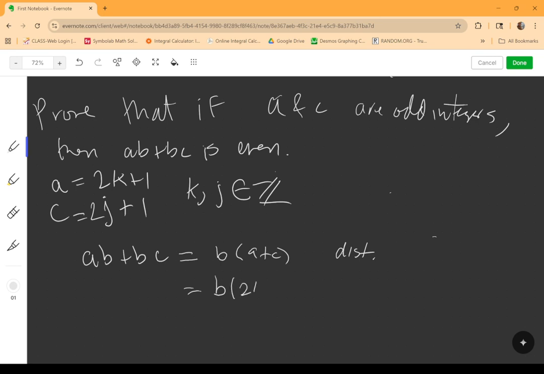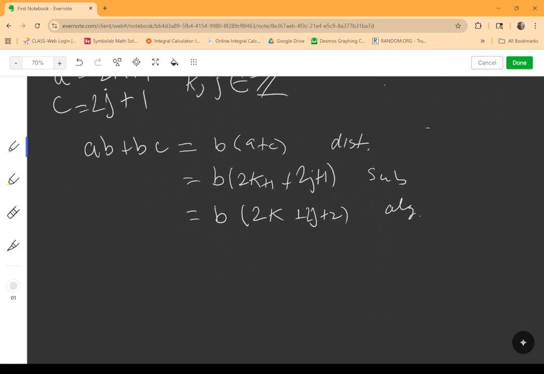A I define as 2k plus 1, C I define as 2j plus 1. Substituting here and doing some algebra, we get 2k plus 2j plus 2. Now, again using distribution, I'm going to factor out a 2.